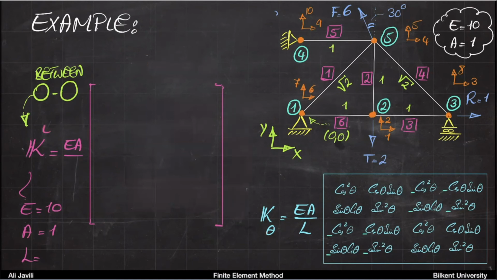So for element 4, the 2 square root of 2 comes here. Square root of 2 is the length. And again, the 2 is coming from the cosine squared part. And it's between 3 and 5. So theta is 135 degrees. Let's say we count again. We count like that.